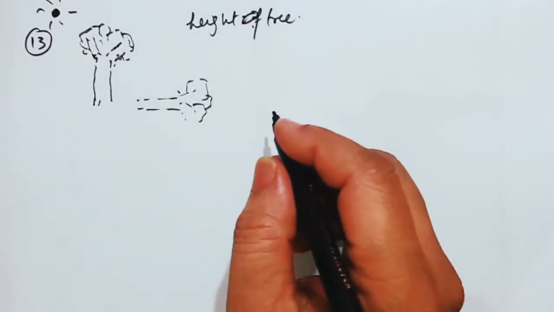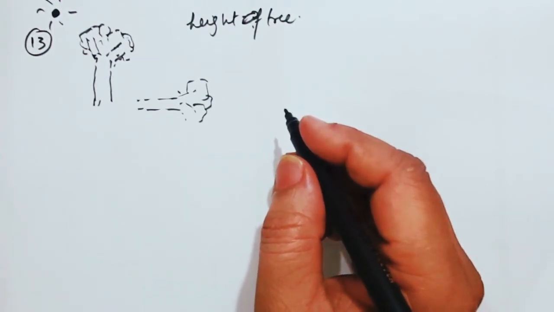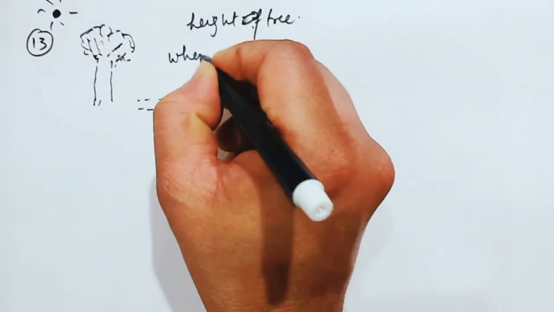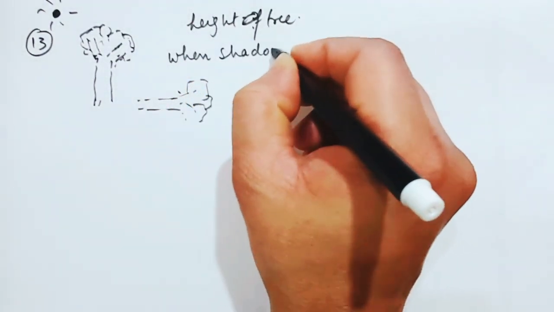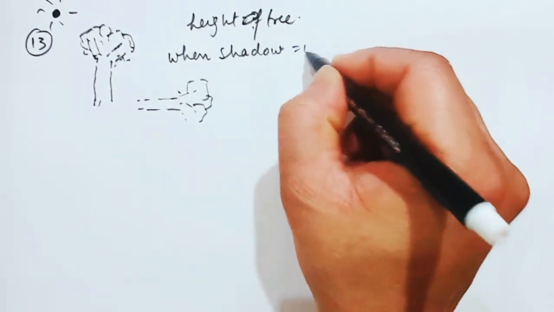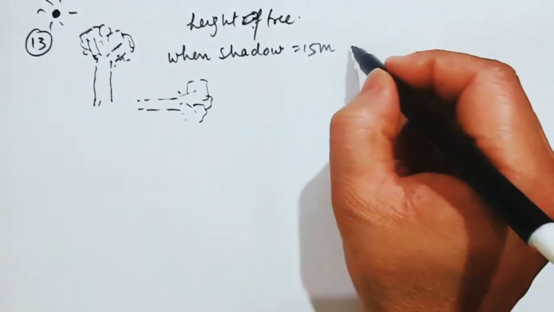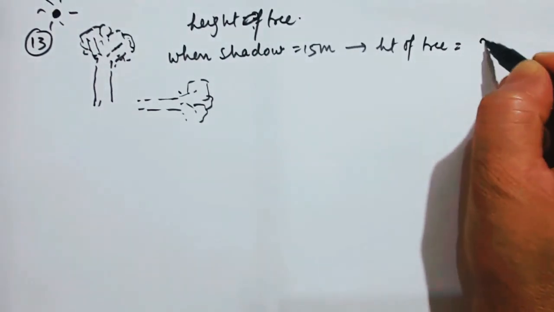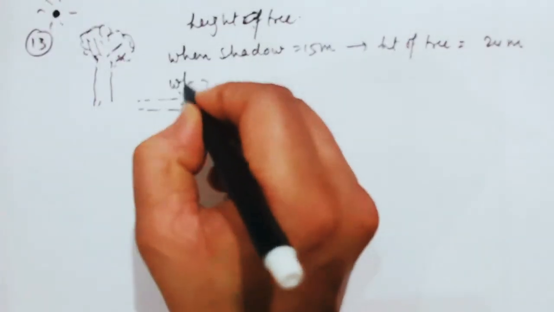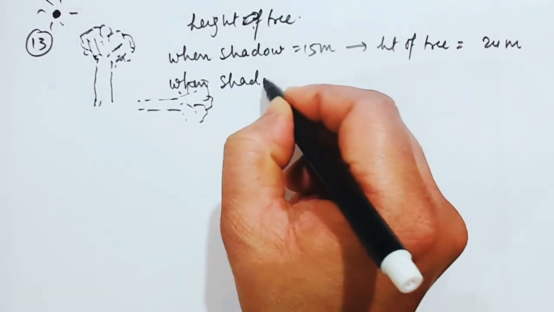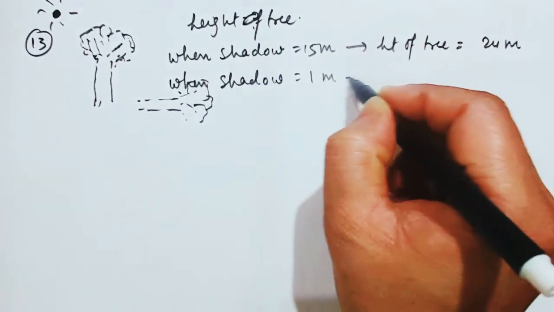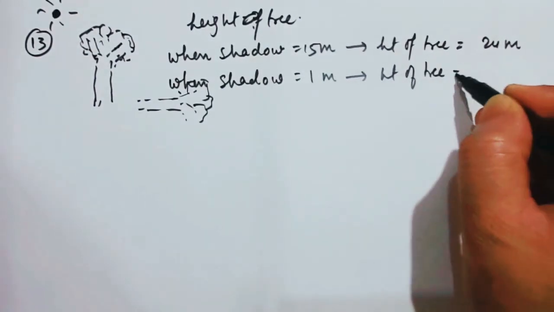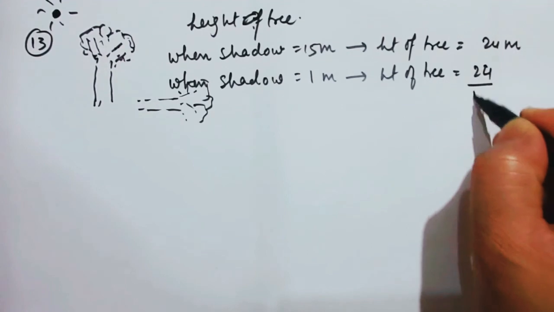When the shadow is 15 meter, the height of the tree is 24 meter. So when the shadow is 1 meter, the height of the tree should be less.